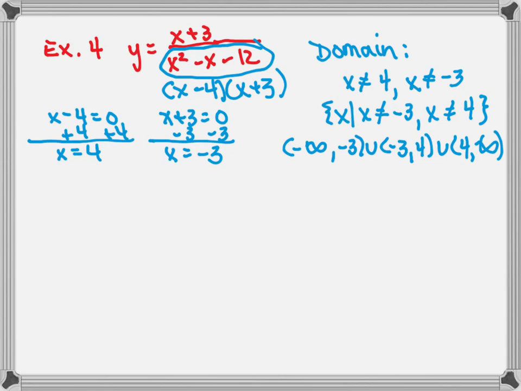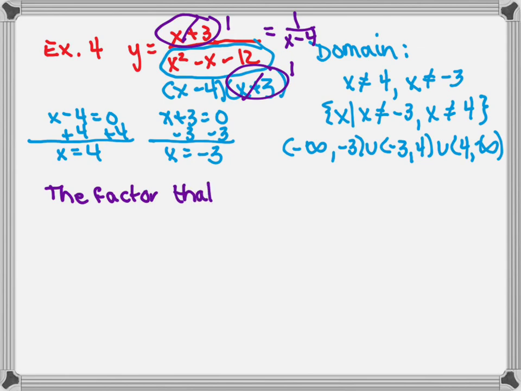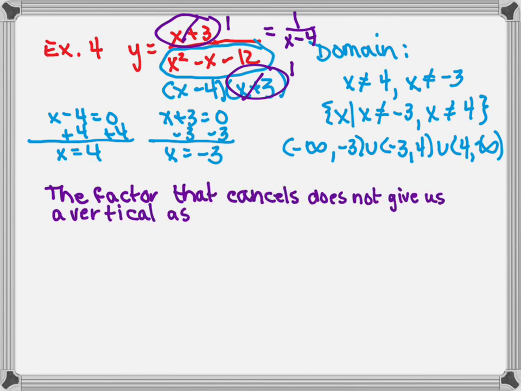But this example is a little different because if you notice, we have an x plus 3 factor in our numerator, and it will cancel with this x plus 3 factor in the denominator. And we'll be left with the function y equals 1 over x minus 4. So the factor here that canceled, the x plus 3, does not give us a vertical asymptote.